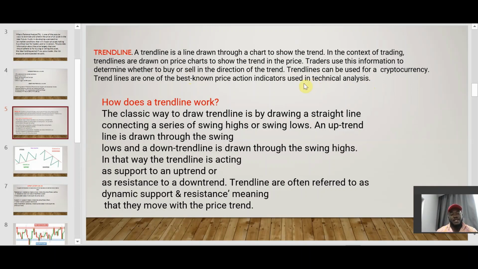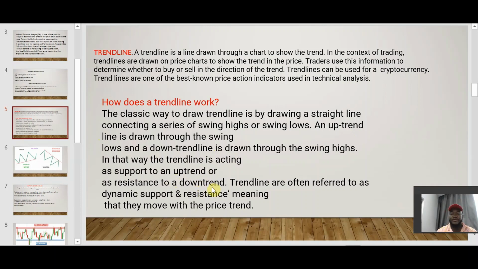The classic way to draw a trend line is by drawing a straight line connecting a series of swing highs or swing lows. An uptrend line is drawn through the swing lows and a downtrend line is drawn through the swing highs. In that same way, the trend line is acting as support to the uptrend or as resistance to the downtrend.